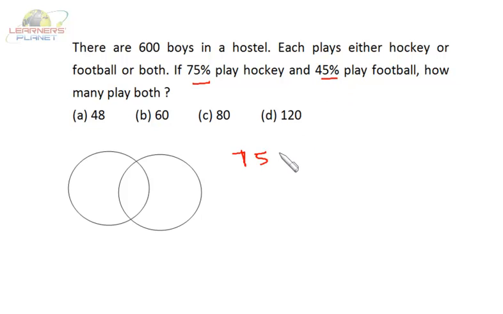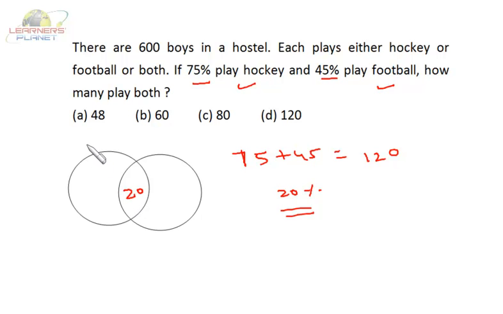75 plus 45 is equal to 120. That means we are exceeding 20%. What is happening? This 20% is calculated 2 times, in the case of hockey and also in the case of football. That means precisely 20% of the students are playing both the games.